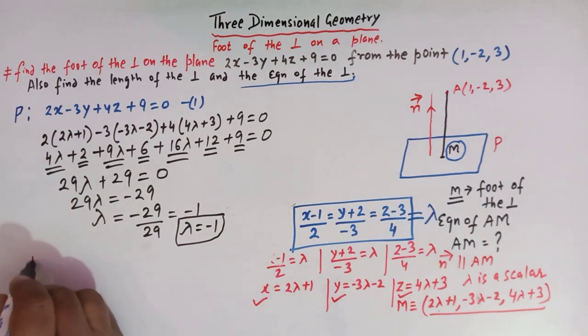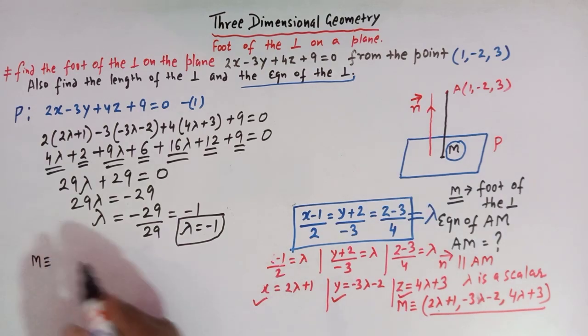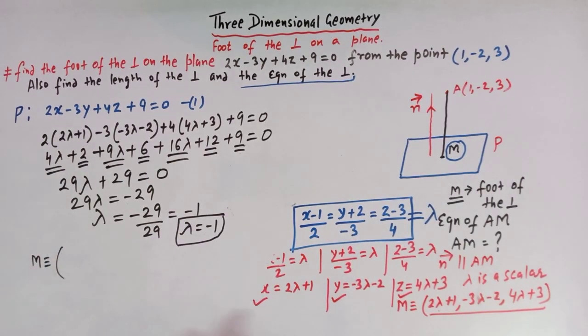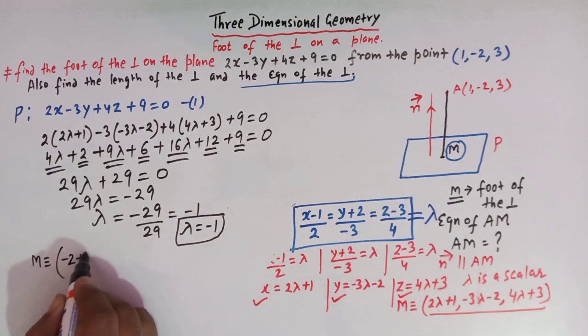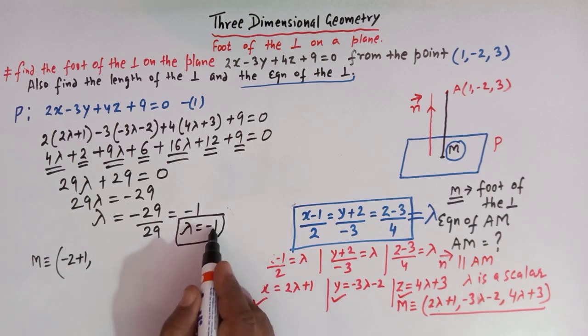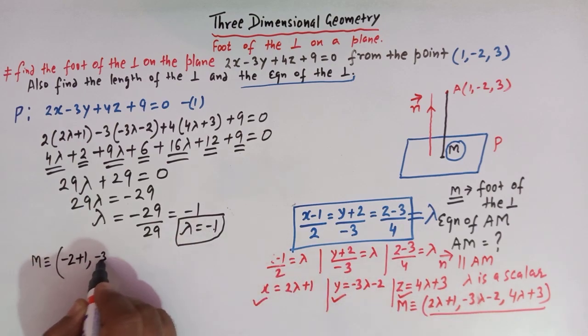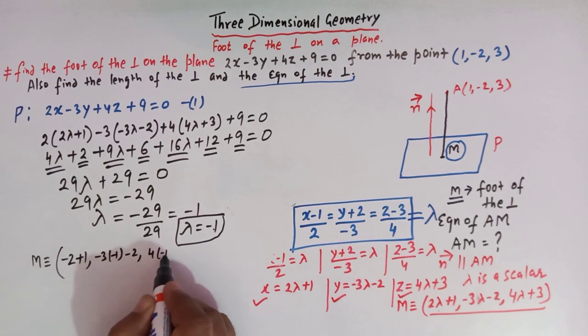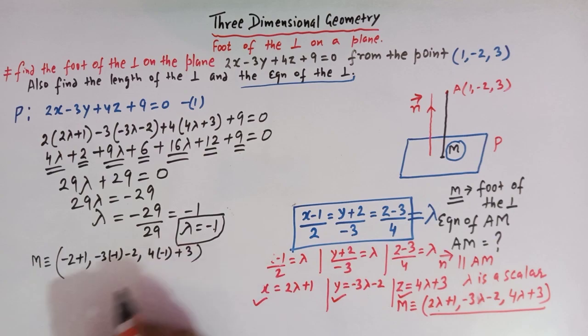So for this value of lambda, this point represents this point M, right? So now the coordinates of the point M, which represents the foot of the perpendicular, are given by taking lambda is equal to minus 1. So we have 2 times minus 1 plus 1, then minus 3 times minus 1 minus 2, then 4 times minus 1 plus 3, right?